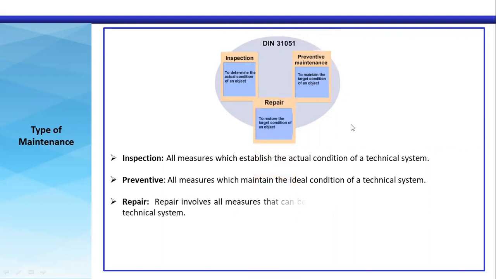The third one is repair. Repair involves all measures that can be performed to restore the ideal condition of a technical system. Apart from these three activities, SAP plant maintenance also covers other activities like modifications of equipment, revisions, and production assessment. We will see each and every activity during this entire training course.